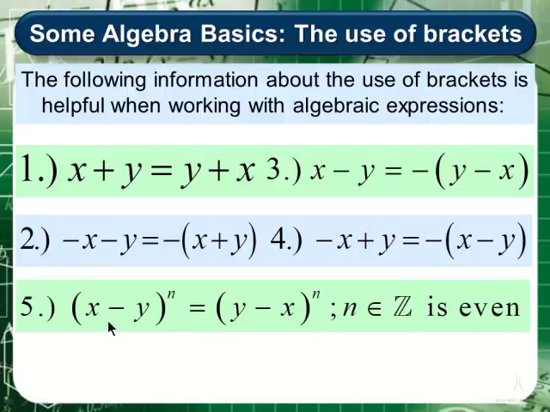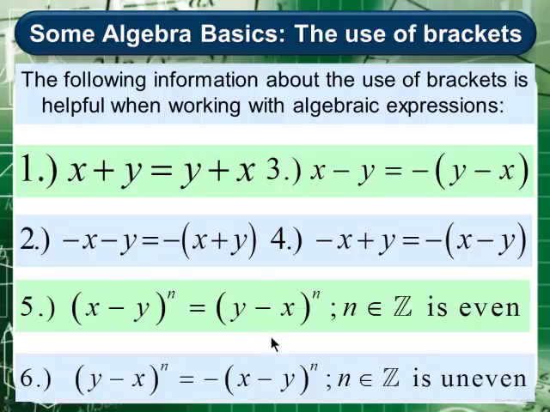If we have an expression x minus y to the power n, where n is some natural number, positive or negative, in other words an integer, or 0, then whenever this number is even, in other words a square or to the power 4, we can swap the order of the terms inside the bracket without changing anything else. In other words, whether we have x minus y to the power an even number or y minus x to the power an even number, it will be exactly the same expression. This is sometimes useful to remember.